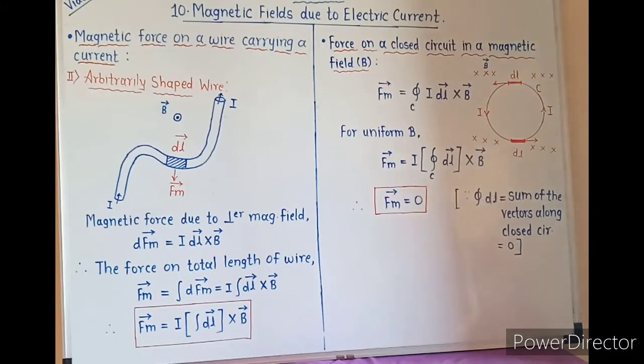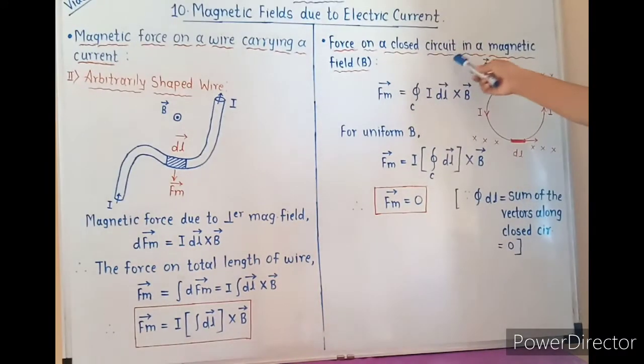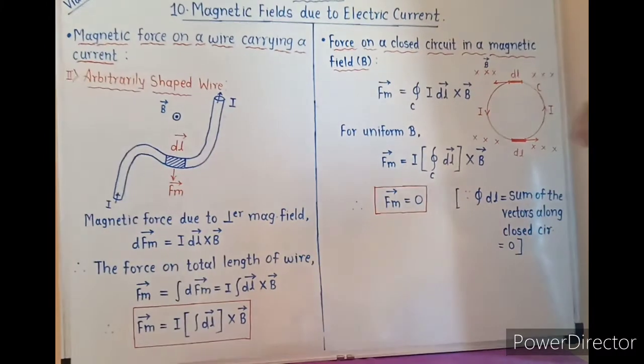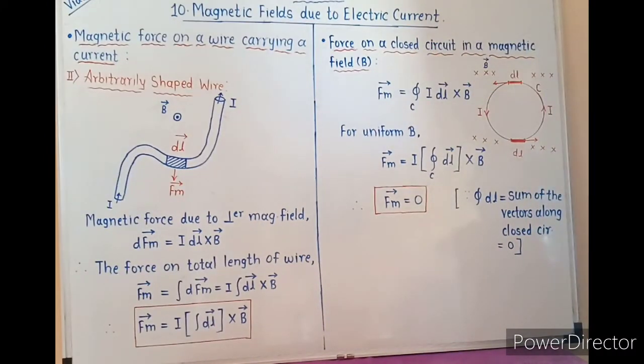Now the next point is force on a closed circuit in a magnetic field B. Here we have to find the magnetic force for a closed circuit. In the first case, we obtained the magnetic force for a straight wire and an arbitrarily shaped wire. Now we will find it for a closed circuit. Here I have considered the closed circuit like a circle, and this is a small element of length dl of this closed path, and current I is flowing in this closed circuit.